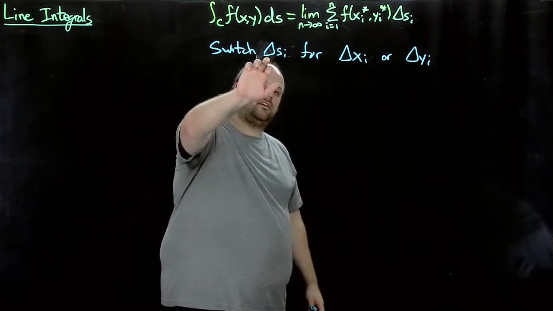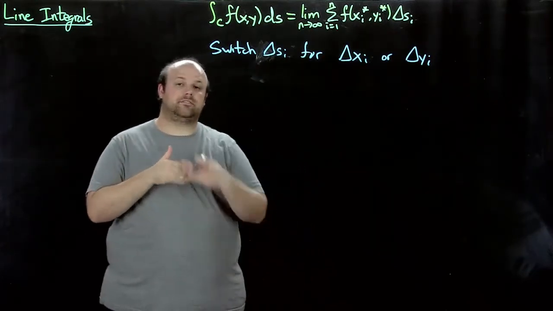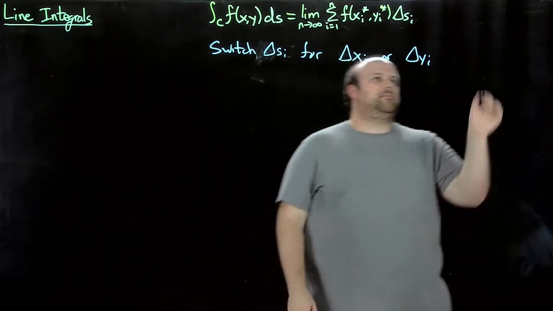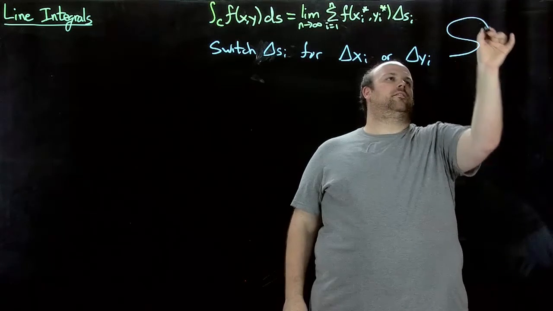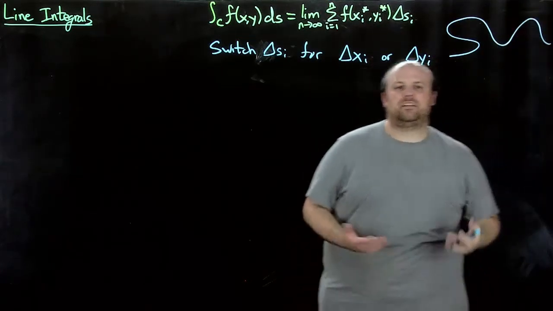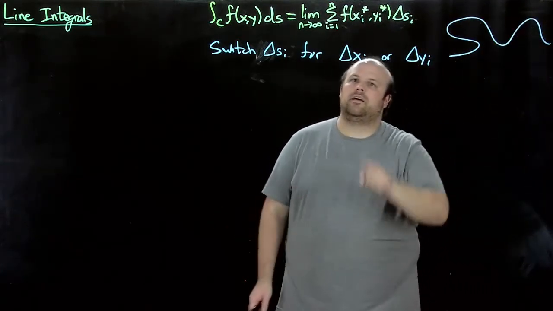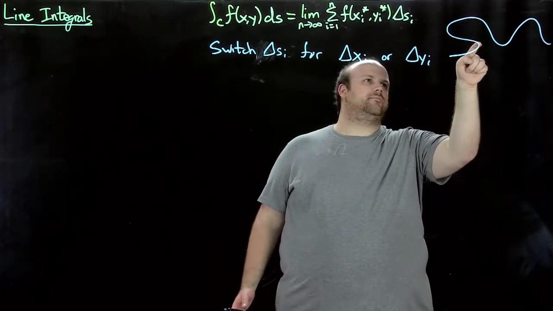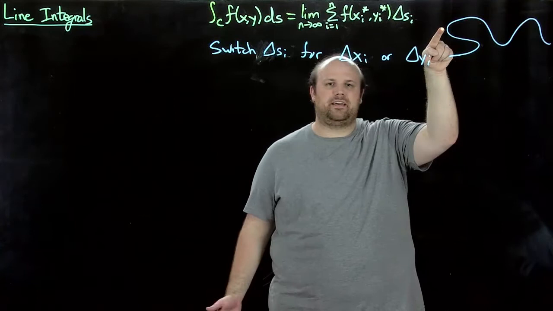This is always positive, right? Because arc length is only going to go up as you travel along a curve. But, well, let's say we have a curve that looks like that for some reason. Then delta x, as you go from here to here, is going to be positive, but as you go from here back to here, it'll be negative.